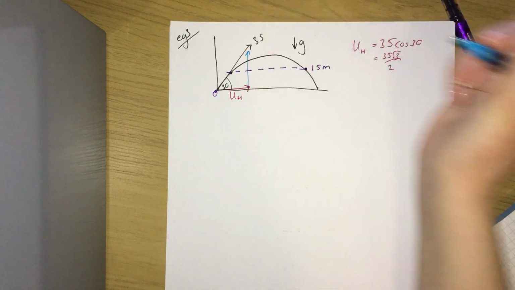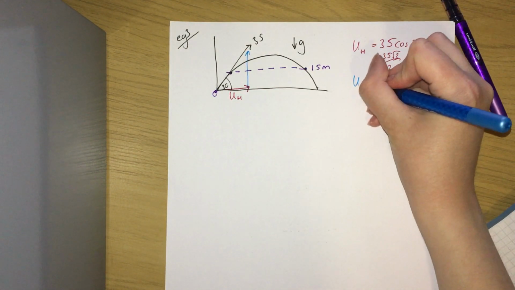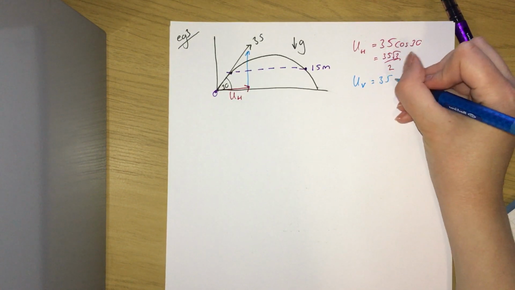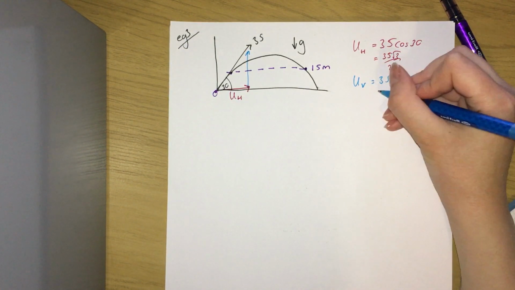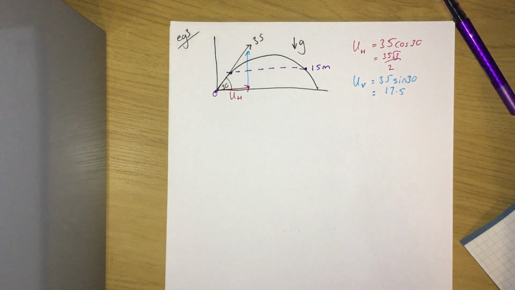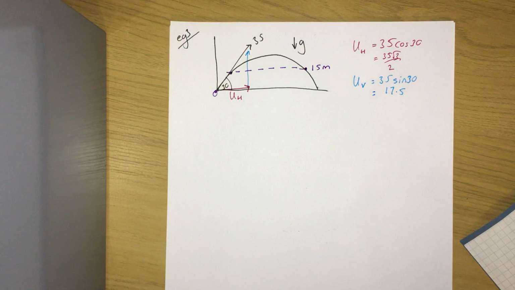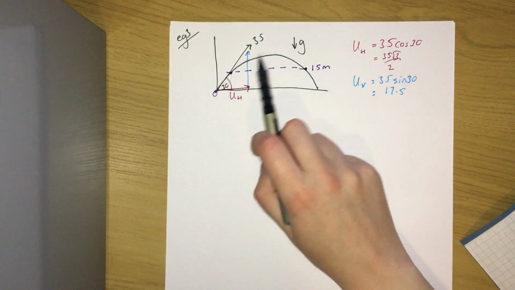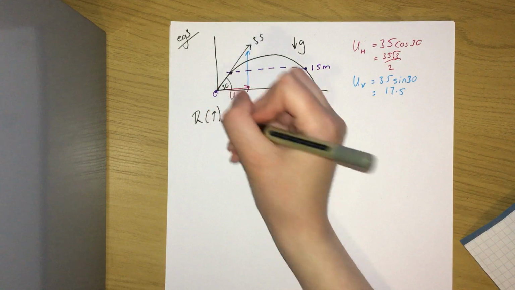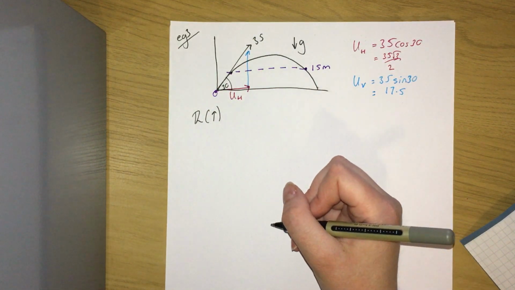And need to resolve vertically for the initial vertical velocity, which is 35 sin 30, or 17.5. Again, I have more information about the vertical movement, so I'm going to resolve vertically to solve this problem.